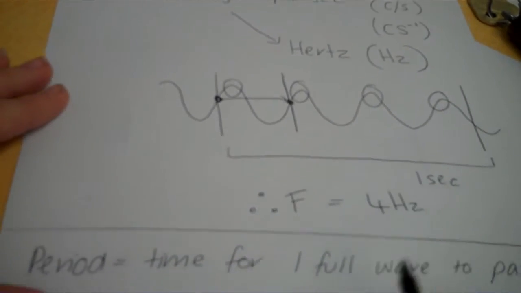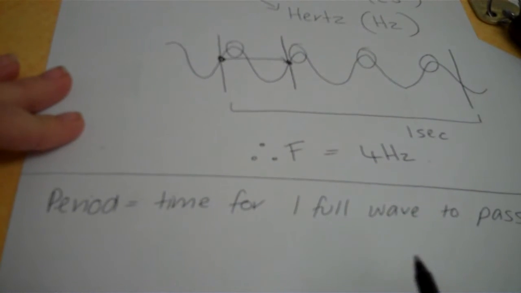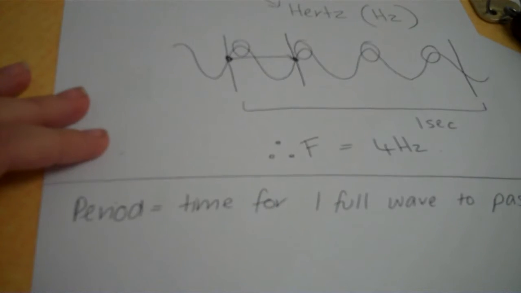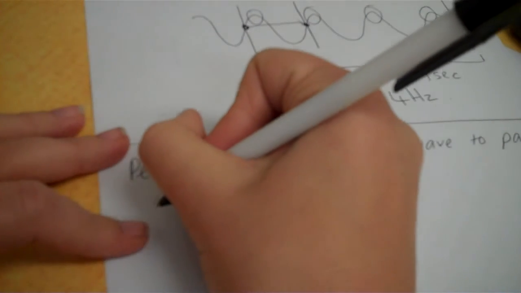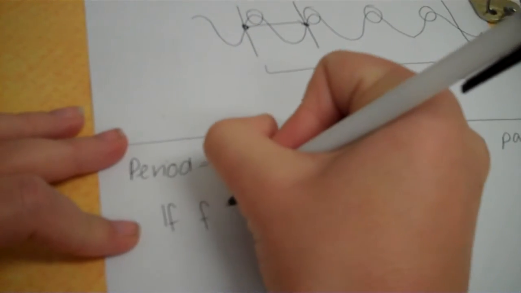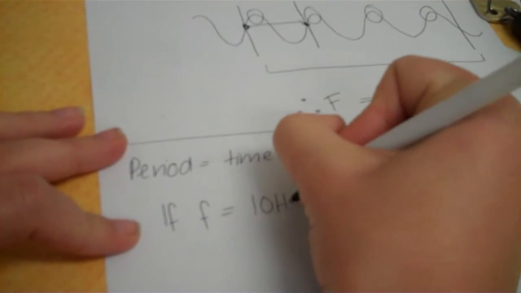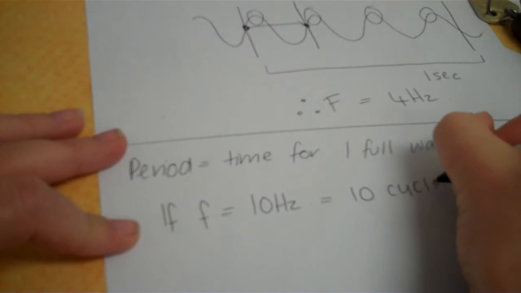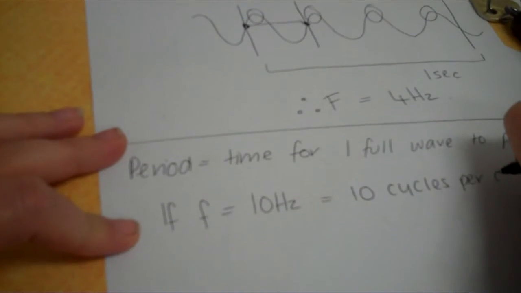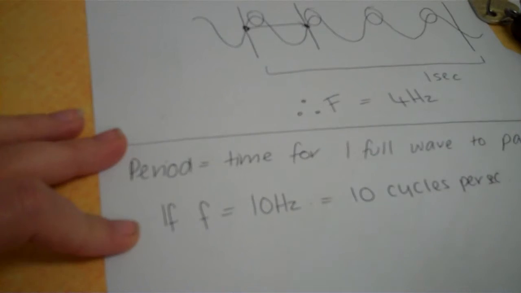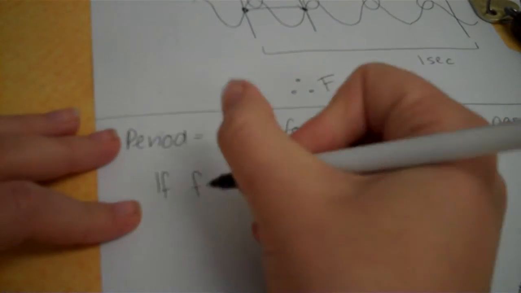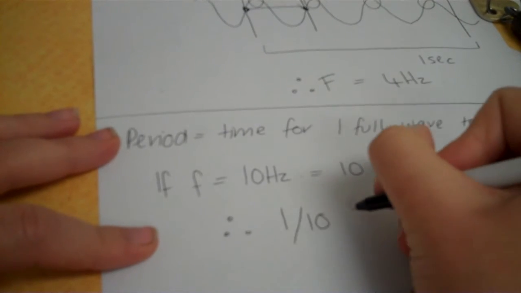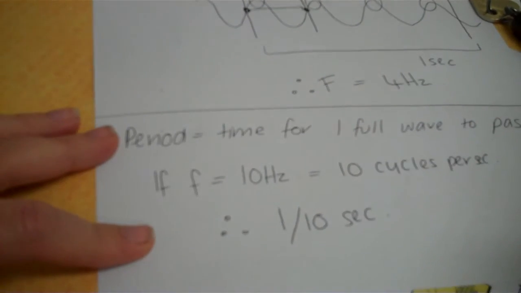If that is 4 hertz, we're quite easily able to work out the period. So let's make another example, say the frequency equals 10 hertz. That means 10 cycles per second. Therefore, it will take 1/10 of a second for one wave to pass.